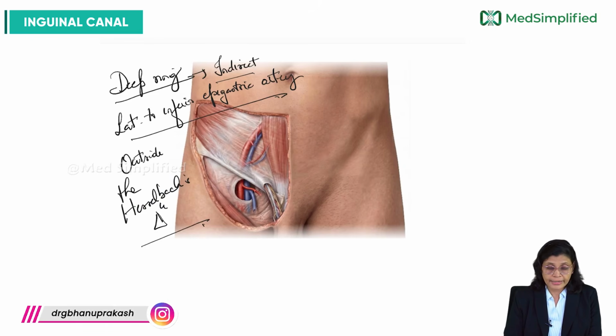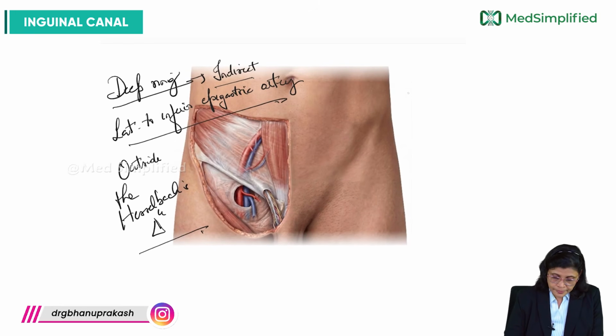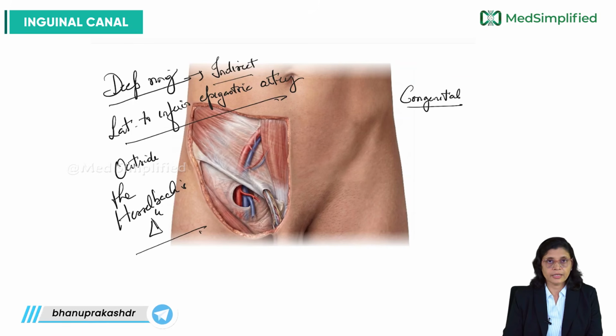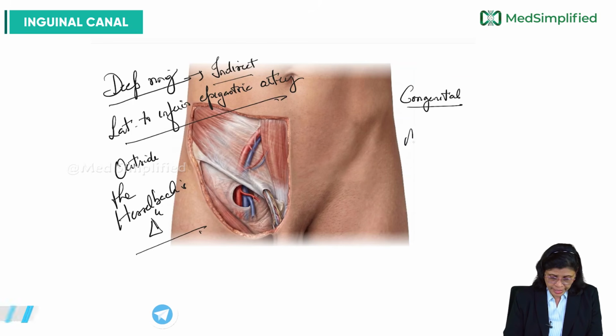Indirect inguinal hernias can be congenital. Usually they are more commonly congenital, and sometimes they can be acquired.